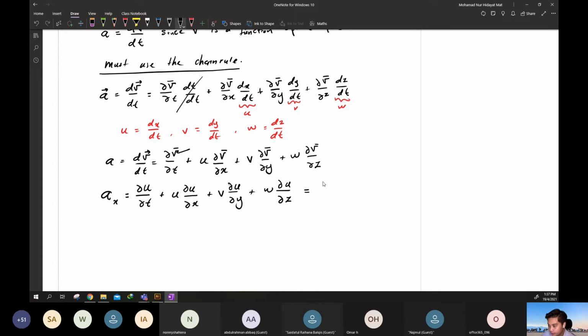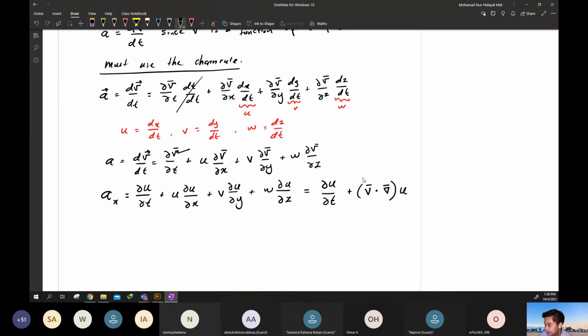In other words, we can convert all these terms to a simplified form. For the partial derivative of u over the partial derivative of t, plus, if you have learned calculus, you will know that the partial derivatives with respect to x, y, and z can be converted into the velocity dotted with the gradient form, multiplied with u.